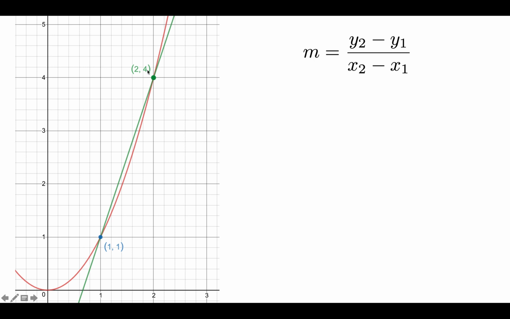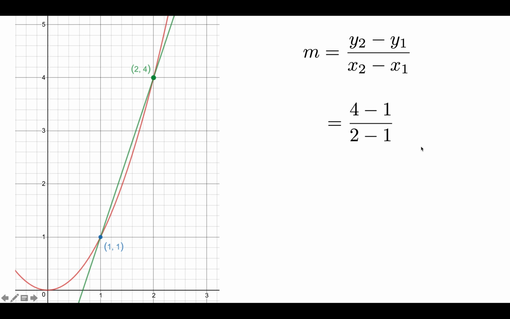So we're going to do y2 minus y1 over x2 minus x1. The x and y coordinates for the green point here, 2, 4, are showing up there. That's y2, x2, and then y1 and x1 are both 1.